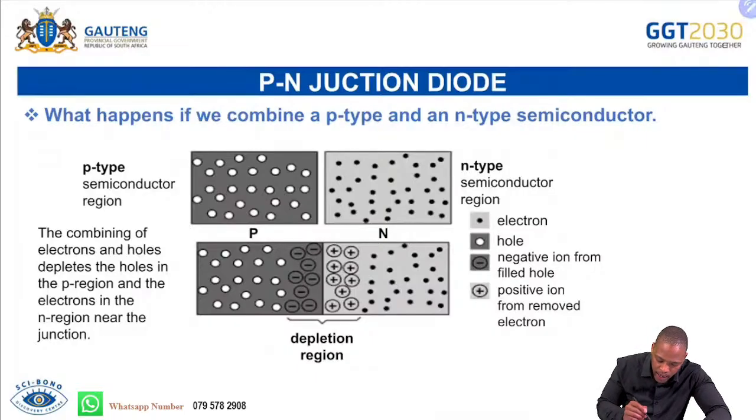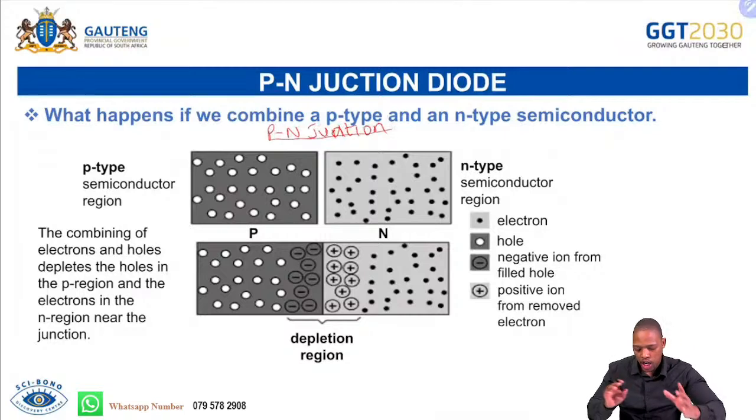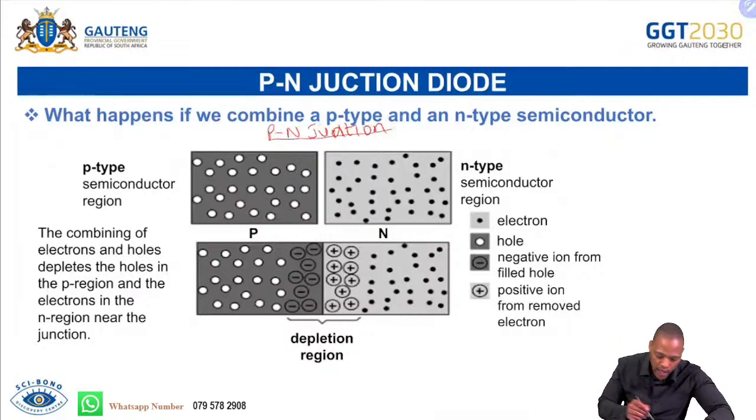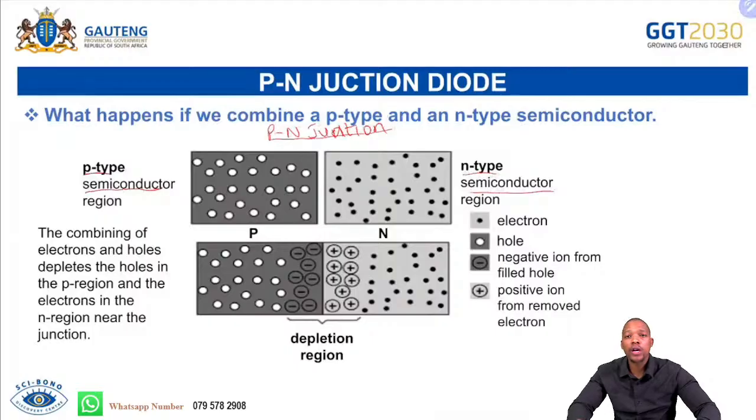We are going to have something called a p-n junction. That's when we combine a p-type semiconductor with an n-type semiconductor.